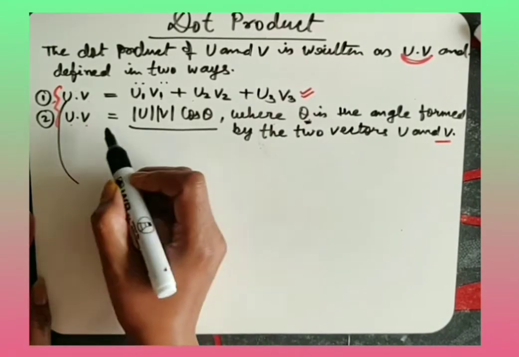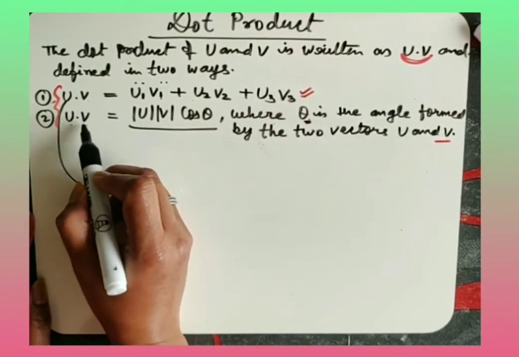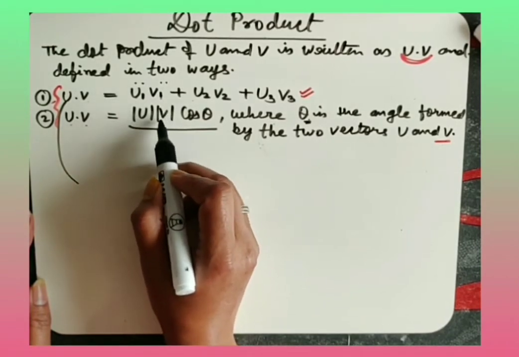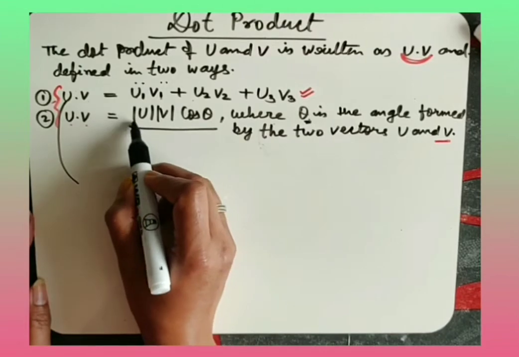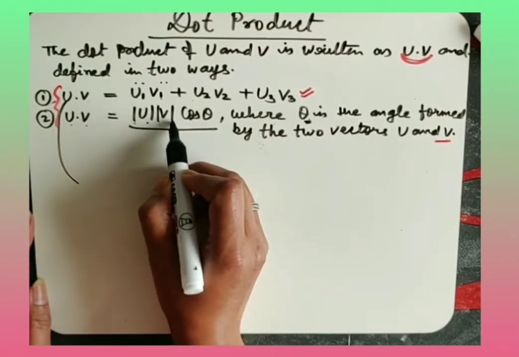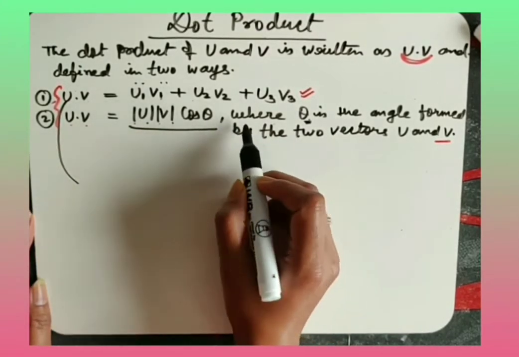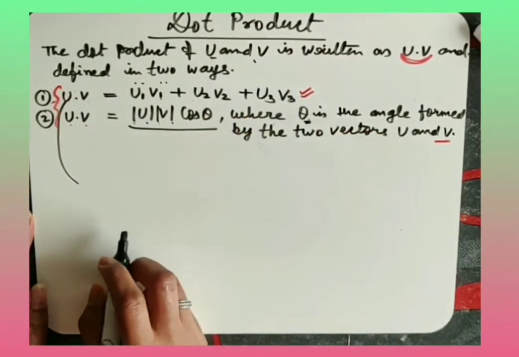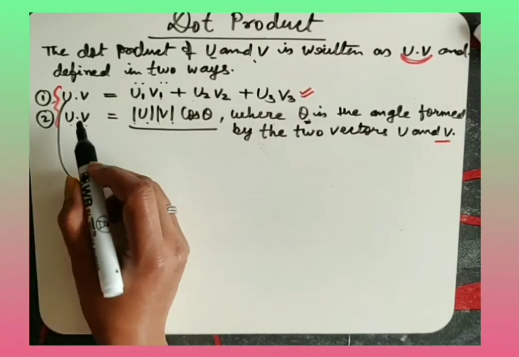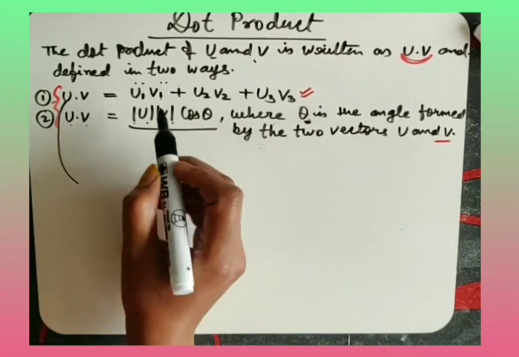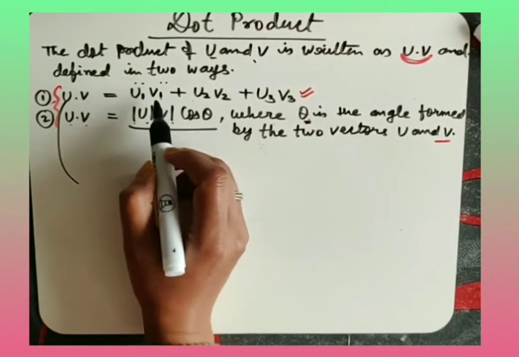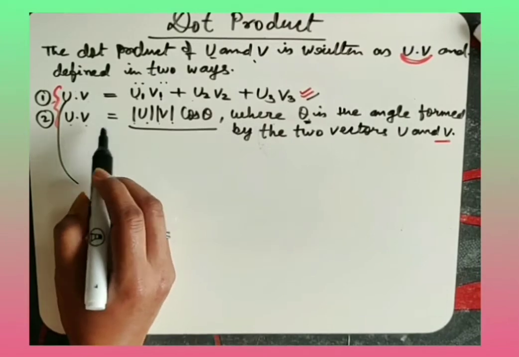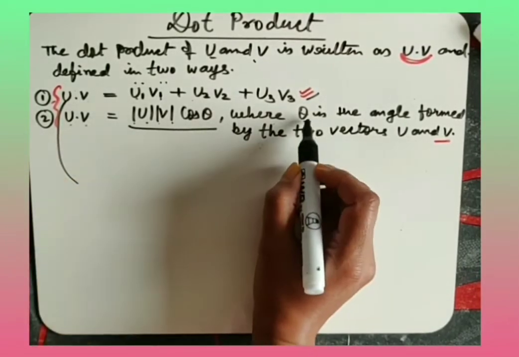And the second way defines u dot v as equal to the absolute value of u multiplied by the absolute value of v times cos theta, or you can say mod of u multiplied by mod of v cos theta, where theta is the angle formed by these two vectors u and v. The first one is easy because it is the sum of the products of corresponding components, and the second method we will use when we need to find theta.